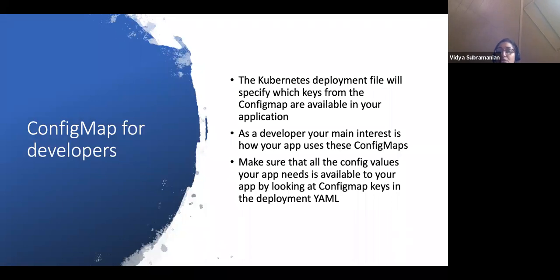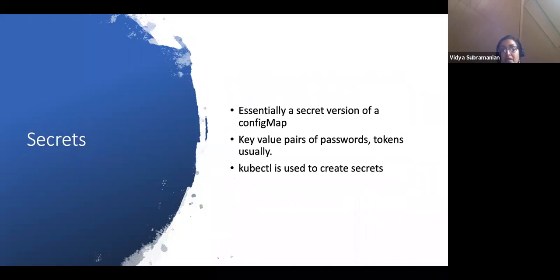And you also want to really make sure that the config values that your app needs are made available through the config map in your deployment YAML. So you don't want to miss out specifying the appropriate configuration in your YAML file.